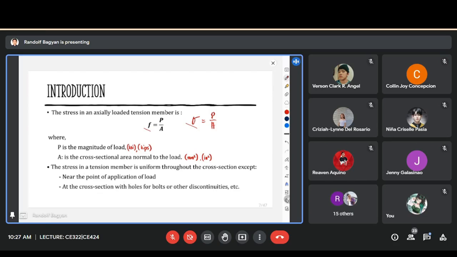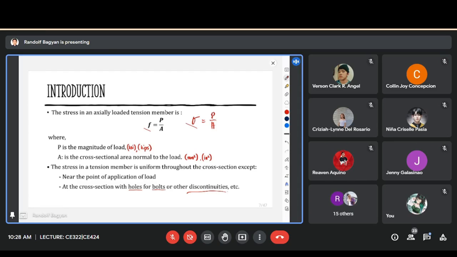So kung saan merong mga butas for bolts dun sa ating mga connections, or for other discontinuities, pwede din sa welding, there will be changes doon sa distribution ng ating stress. So hindi na siya magiging uniform.